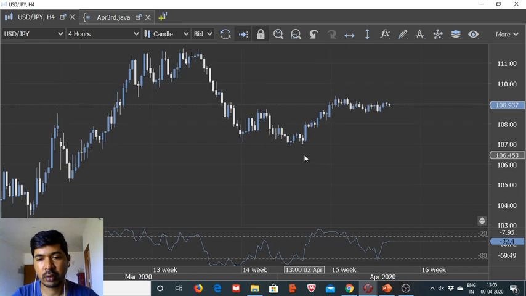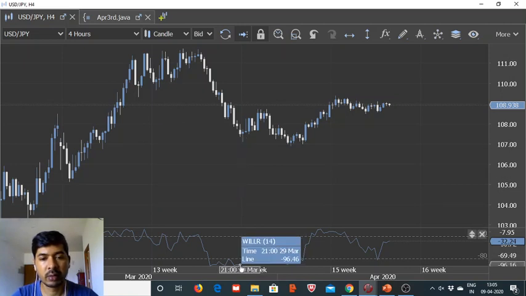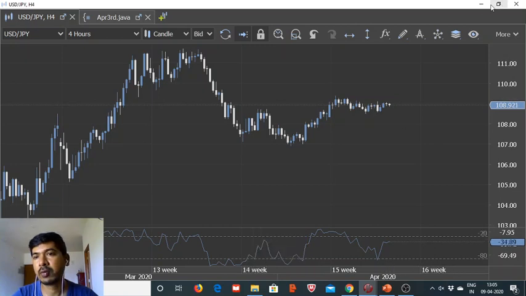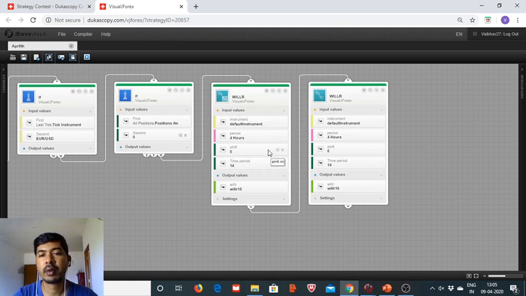Just to be sure, suppose we check for this time around 1 p.m. GMT, it will be better if we use shift 1 instead of shift 0 in this case.